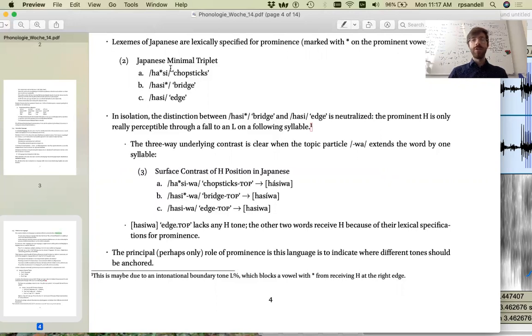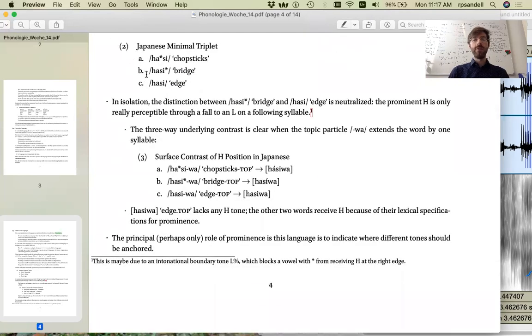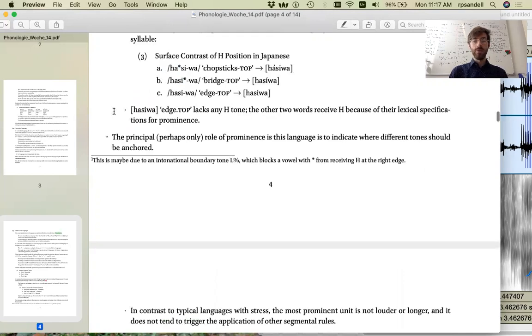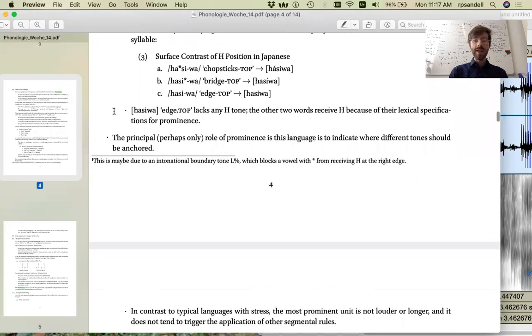So in the kind of phonological view that I've taken here, the words are not underlyingly marked for tone, but they are underlyingly marked for prominence, and rules involving tone in the language attract the high tone to these prominent syllables, and all of the other syllables are automatically assigned low tone.